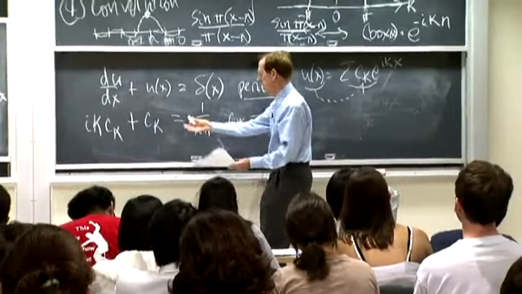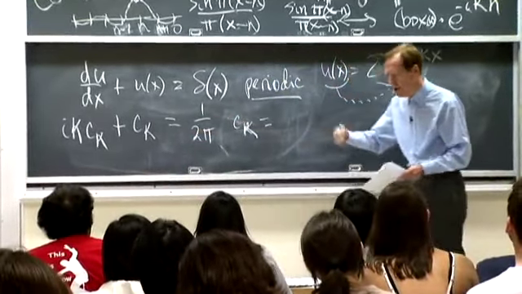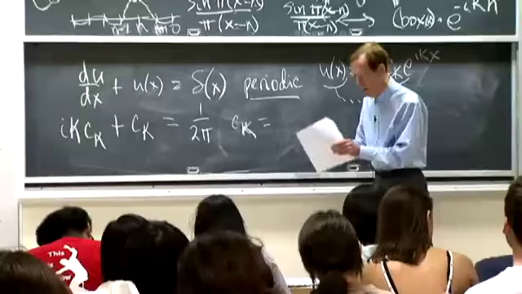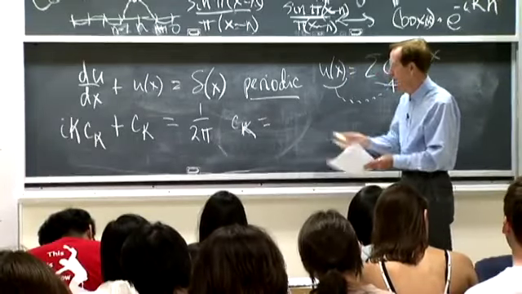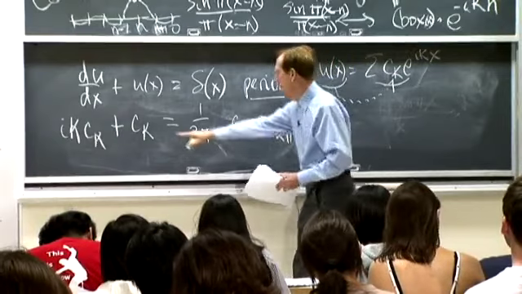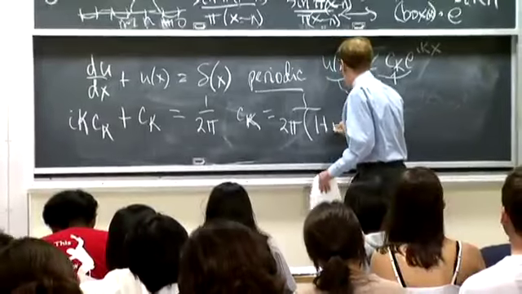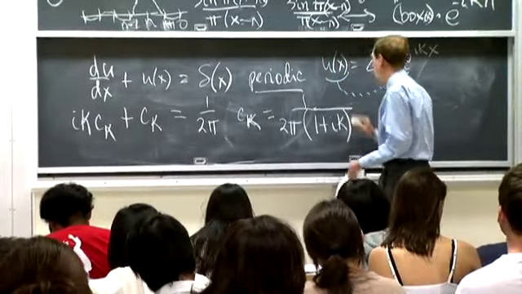Now I have this equation at each k, following each eigenvector, each separate frequency. And it's easy to do. It's just 1 over 2 pi, and there's 1 plus ik. Okay.